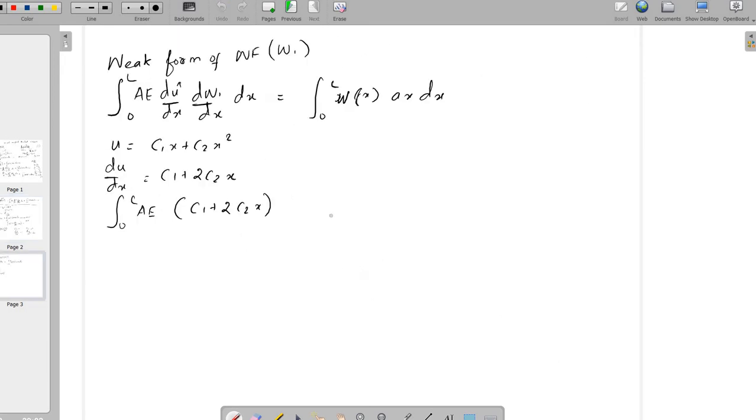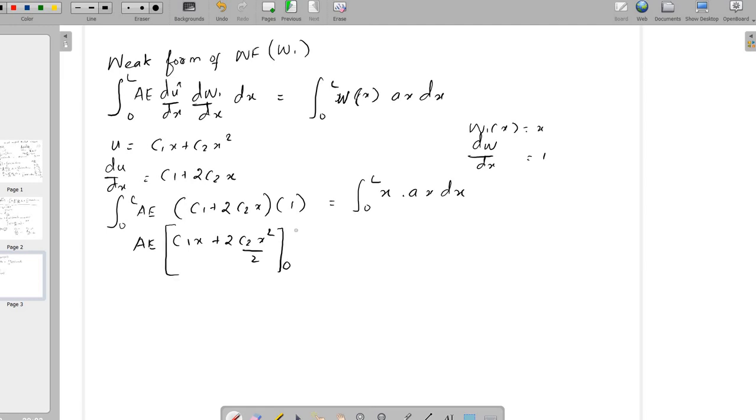W1 is x, so the right side is x into a x dx. Integrating, AE times C1x plus 2C2x square by 2 from 0 to L is equal to a x cube by 3, because it is a into x square.